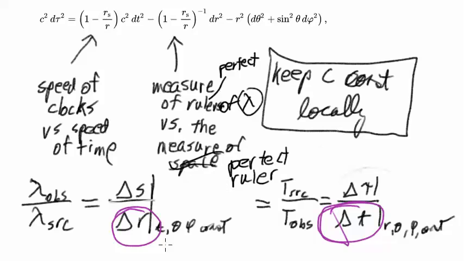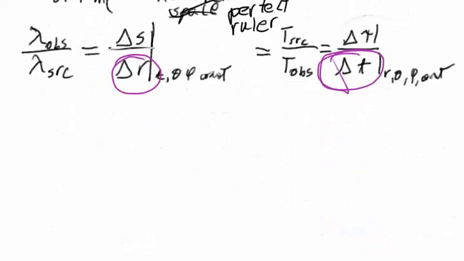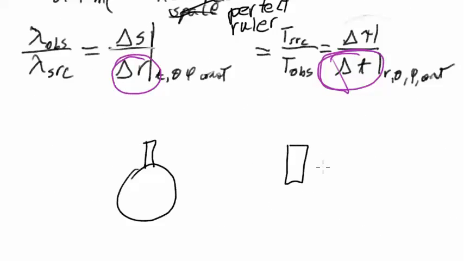And so we need another way of asking that question, whether the perfect ruler, because we take a perfect ruler out here in space, compare it to a perfect ruler here on a planet, and we're going to move it over there.